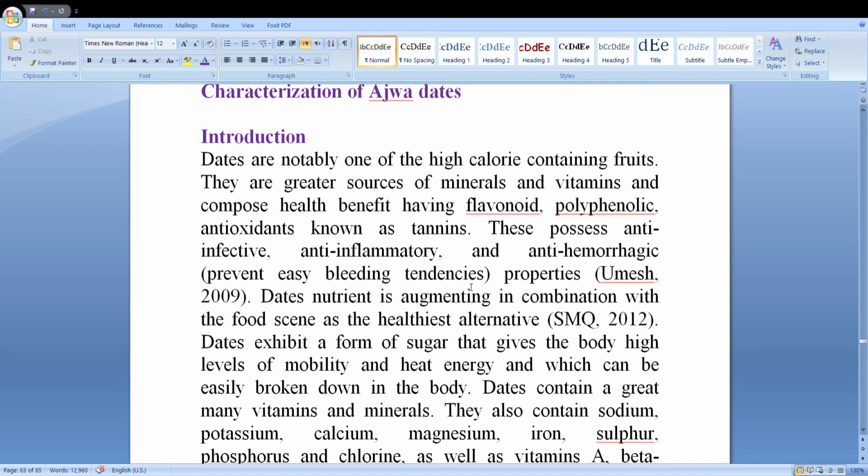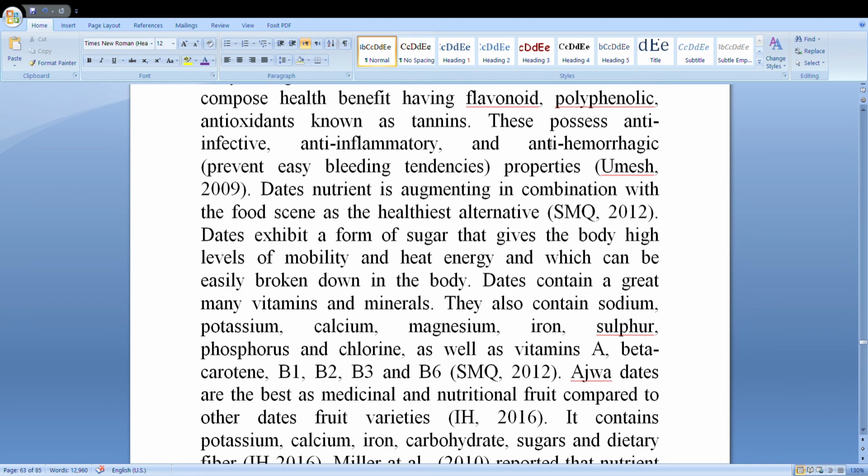They are anti-infective, anti-inflammatory, anti-hemorrhagic, and prevent easy bleeding tendency. Umesh reported this in 2009.